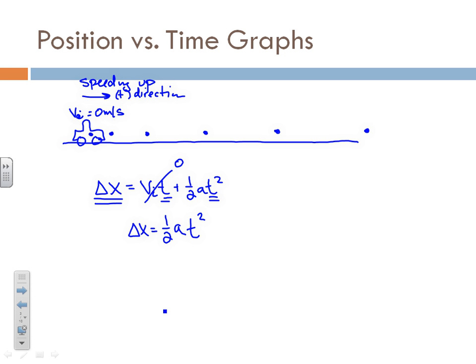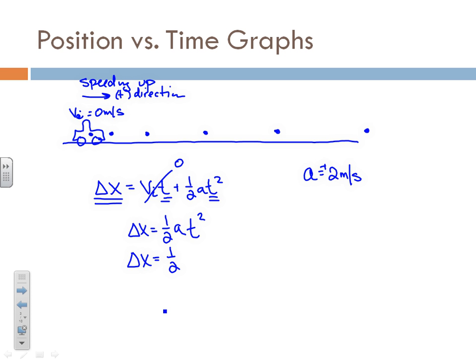And then let's make it super easy on us. We have an initial velocity of 0. Let's make our acceleration 2 meters per second squared in the positive direction. If we want to speed up in the positive direction, then our acceleration needs to also be positive. So how does that look?